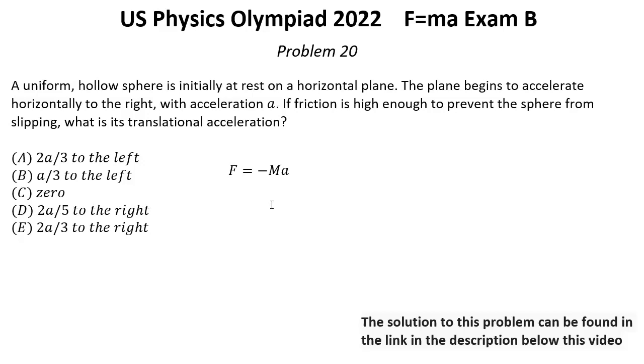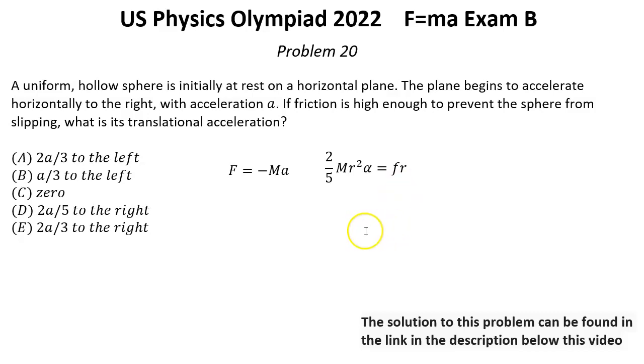Taking torques about the contact point with the ground, we can find that the moment of inertia, which is 2/5 mr², multiplied by angular acceleration equals torque, which is the force of friction F multiplied by radius R.